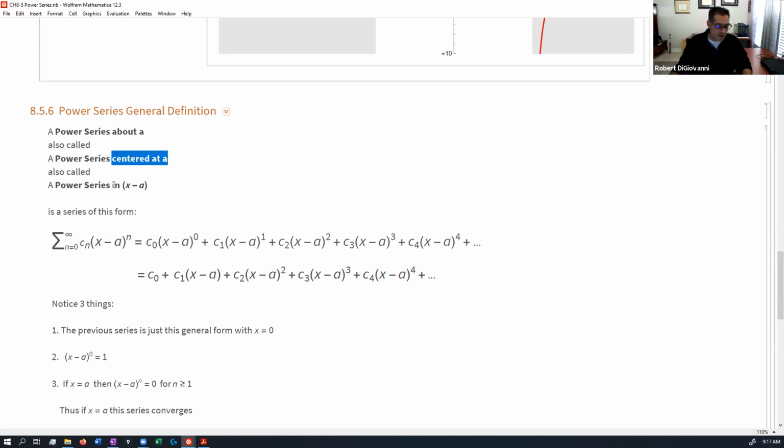Or you could say a power series in x minus a. That last one I don't see very often. I usually see the first two in different textbooks, and in other classes you'll usually see the power series about a or centered at a. All it is is the same formula we had before.